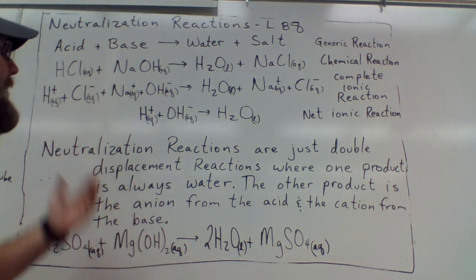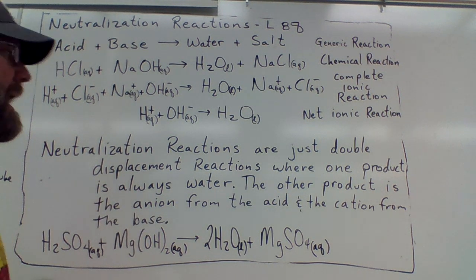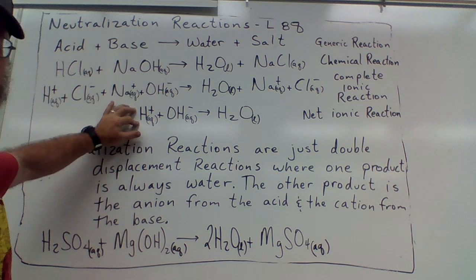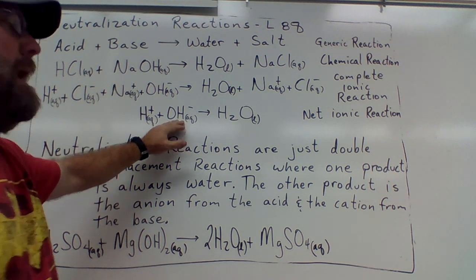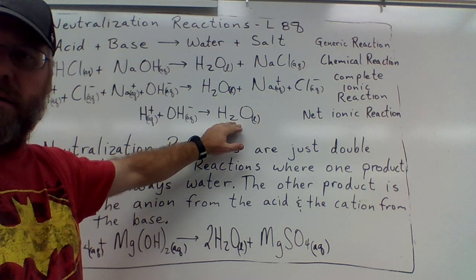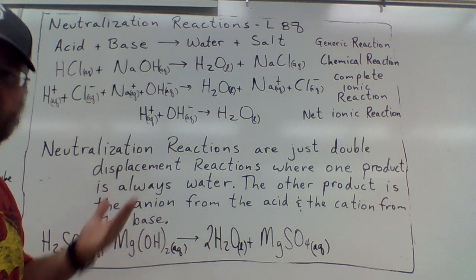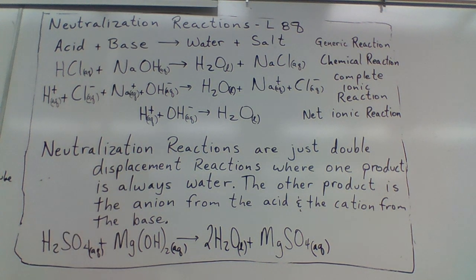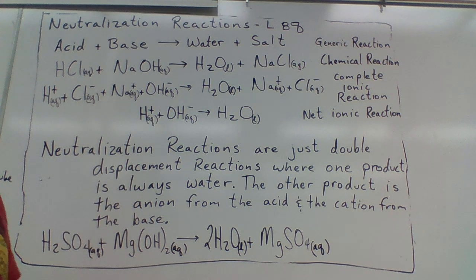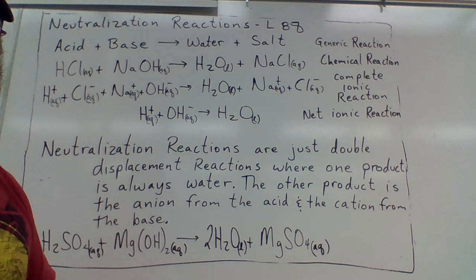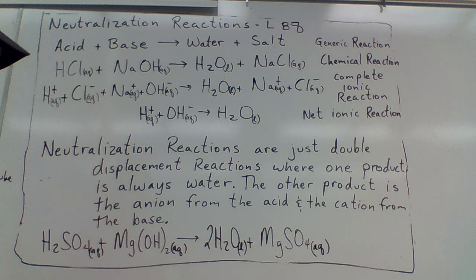But what really happens here, the nitty gritty, is the H+ ion gets together with the OH- ion, and we create water. So neutralization reactions are just double displacement reactions where one of the products is always water. The other product is the anion from the acid and the cation from the base.